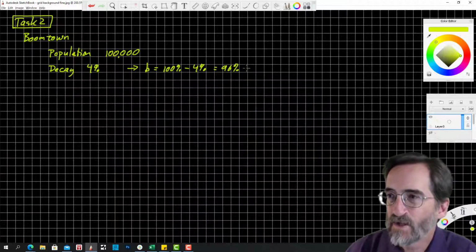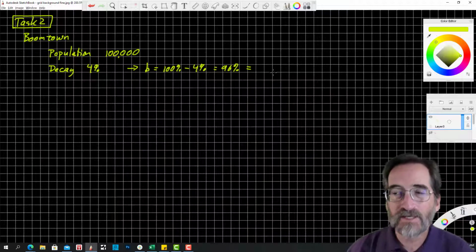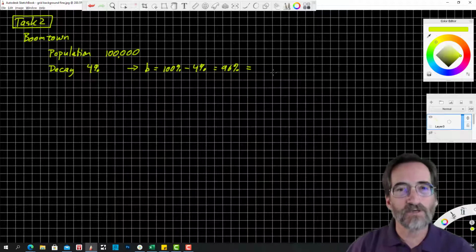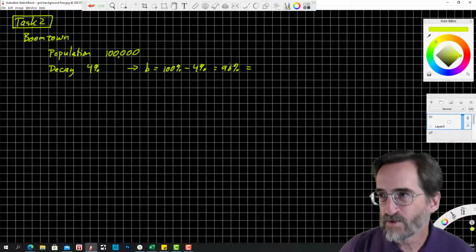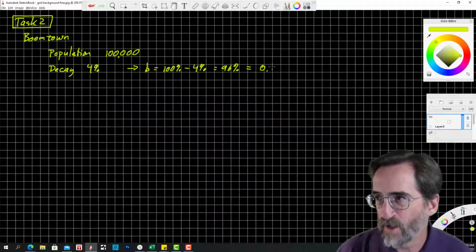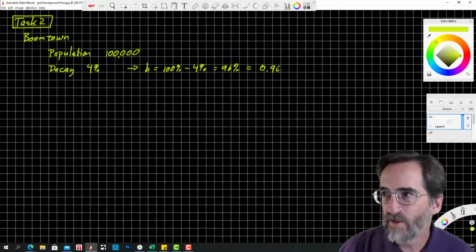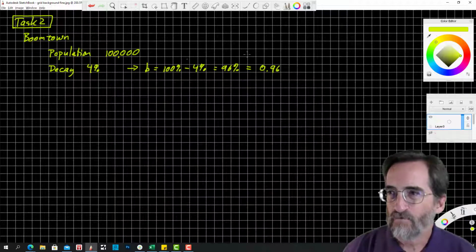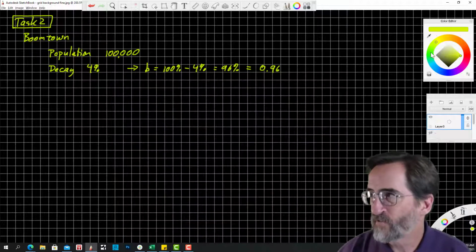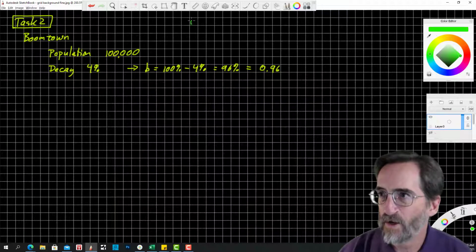All right, so let's rewrite that as a decimal. 96%, you may recall, to change a percent into a decimal means to move the decimal 2 hops. So 96% is 0.96. And that's the growth factor in my formula. So my general formula, which we derived last time in task 1, is y = ab^x, where a is the start value, b is the growth factor or decay factor.